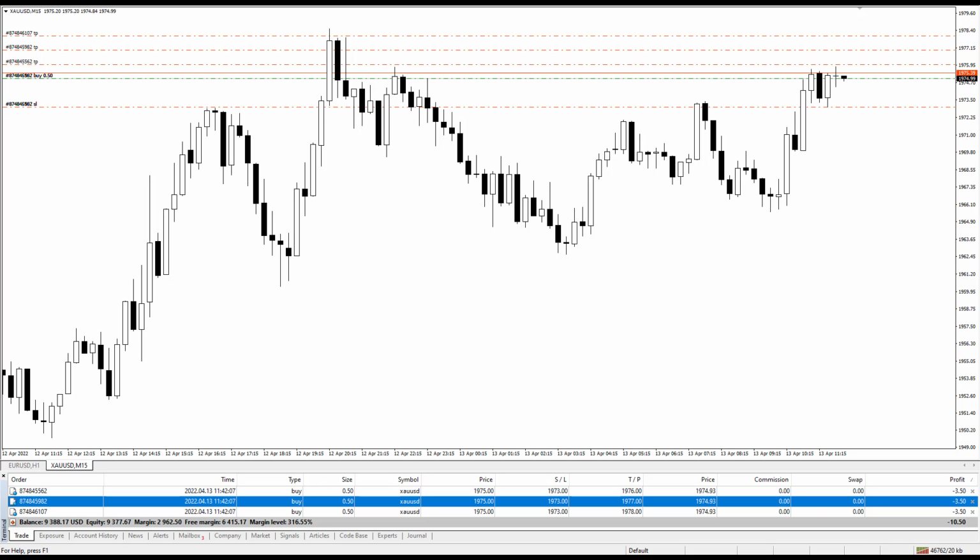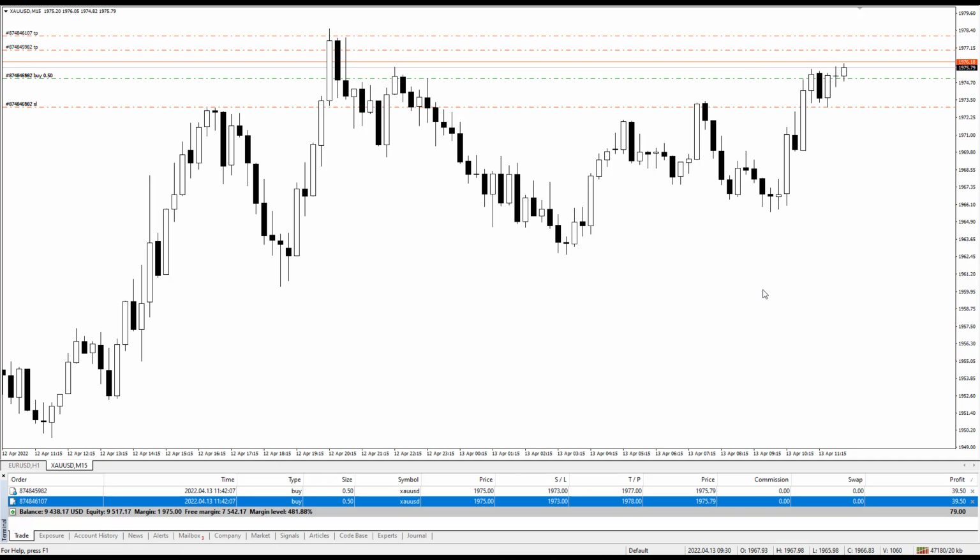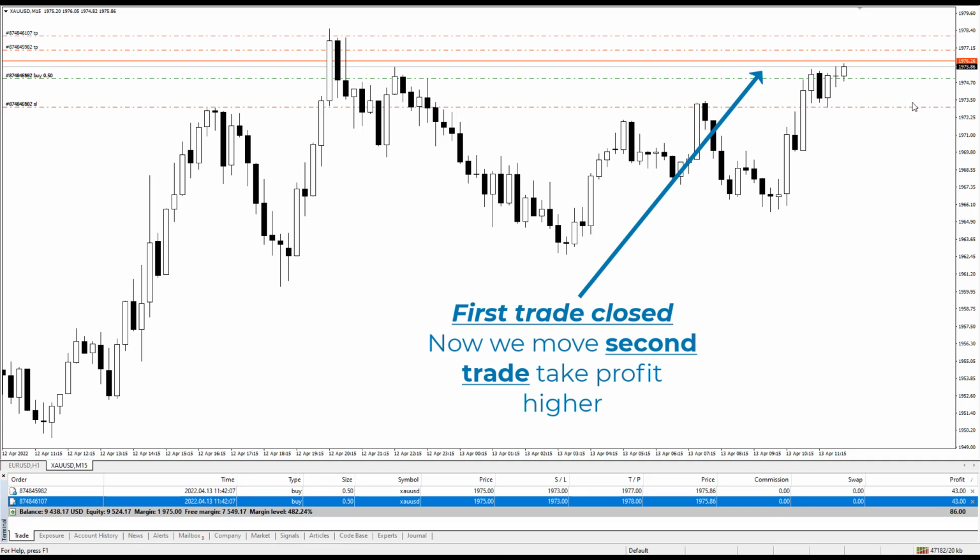The price has moved a little bit up. And let's wait until the price goes up. Come on. I will speed up. Okay, a few seconds more. Okay, the first trade closed.